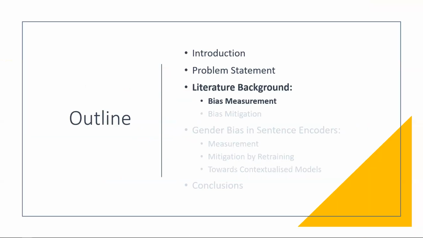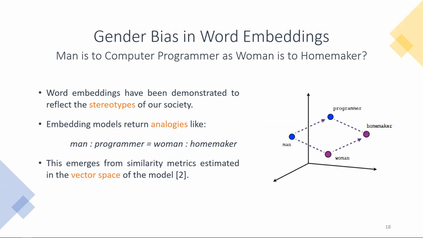So let's now go to a quick background on literature. It is quite a recent topic, the one on social bias in language models.